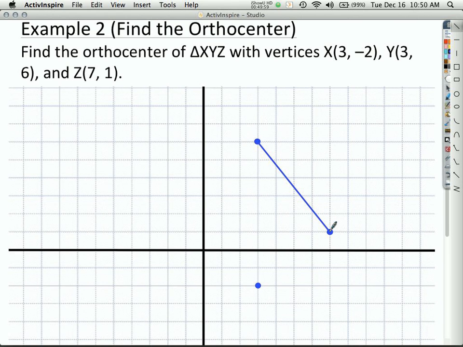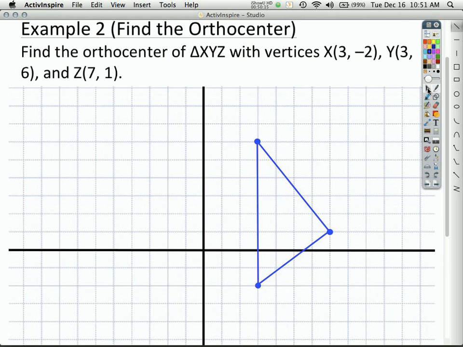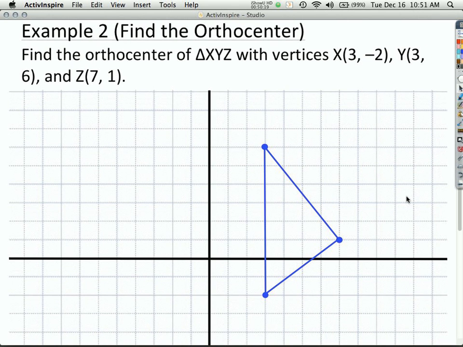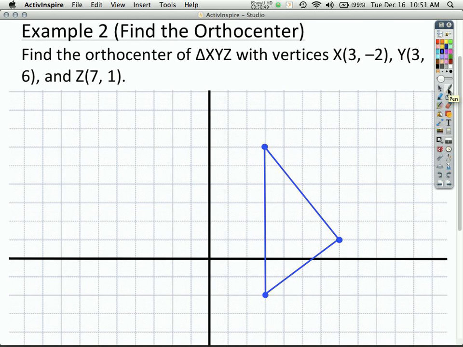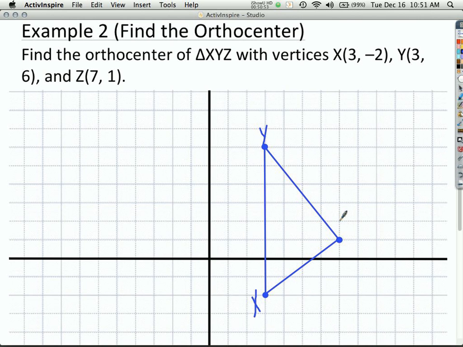It will make a difference with the results. I'm sorry, this is X, and that's Y, Z.